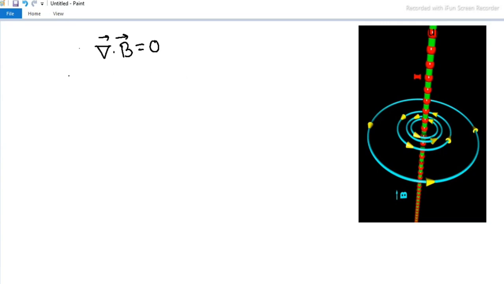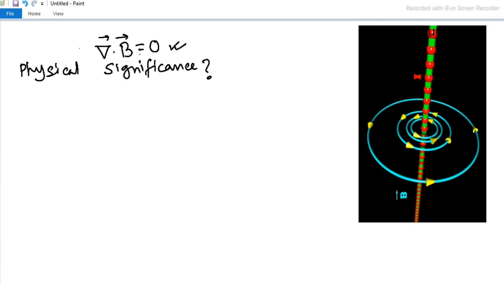Now, what is the physical significance of divergence? What exactly is the divergence giving you the information about?